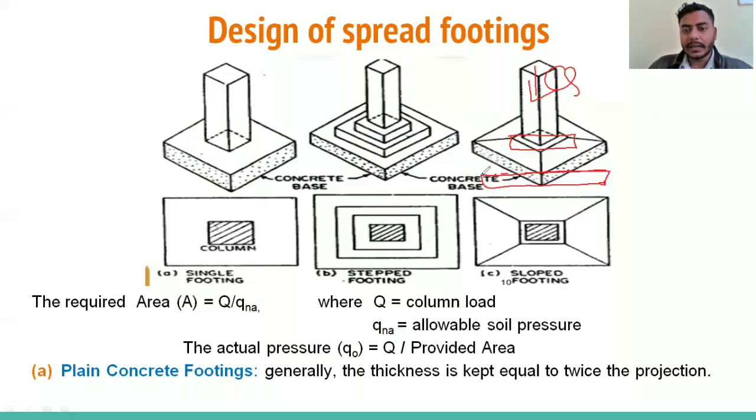But here the distributing footing is provided at a slope, right? You can see there is a slope, and this sloping you can design. So what angle can you keep? What will be this angle? So this is called the sloped isolated footing.